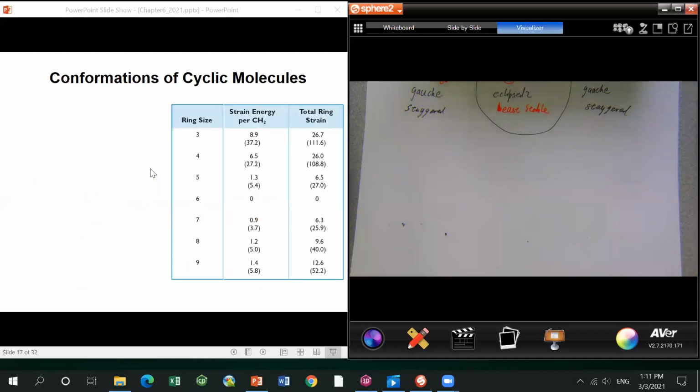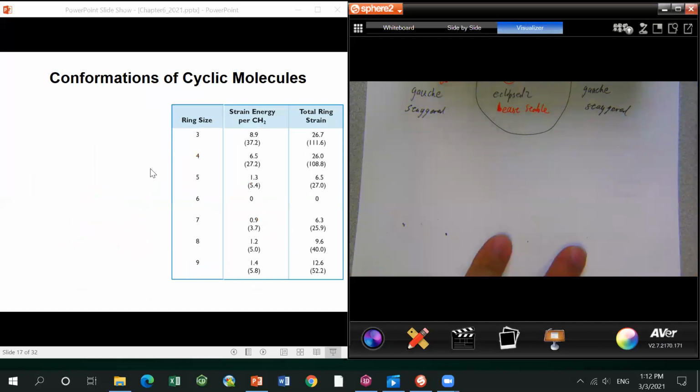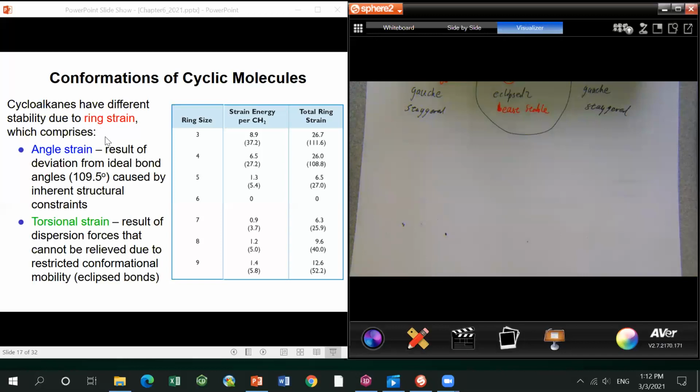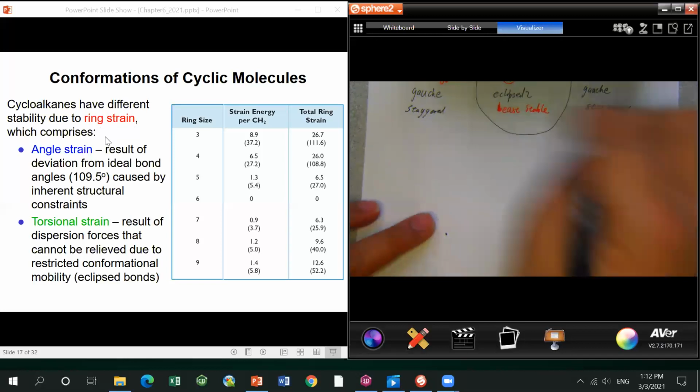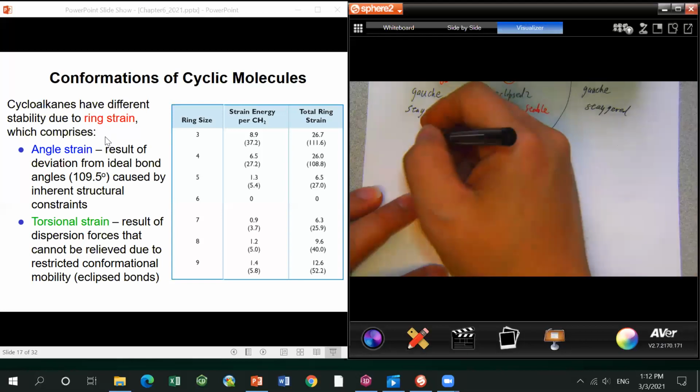Okay, so next we switch to another topic called the conformation of cyclic alkanes, the cyclic structures. For cyclic alkanes, it depends on how many carbons are in the ring, so they have different ring strain. Ring strain actually has the following components. Let's do a little bit of a summary.